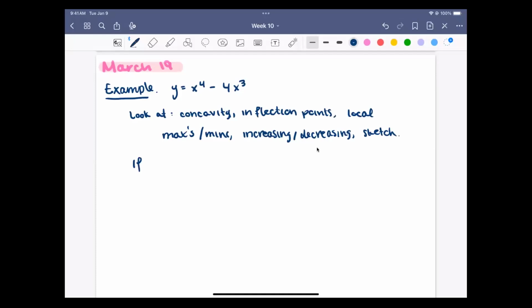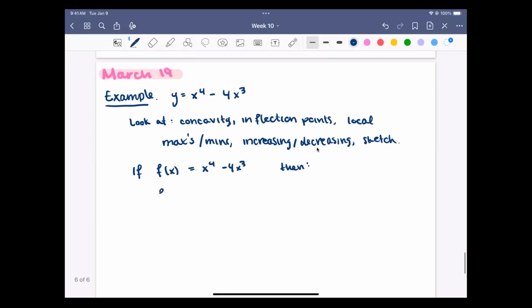So if we set f of x equal to x to the fourth minus 4x cubed, then what is f prime of x going to be? Yeah, good.